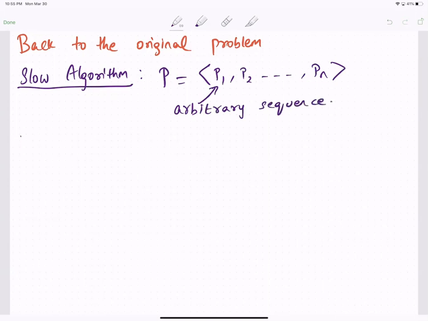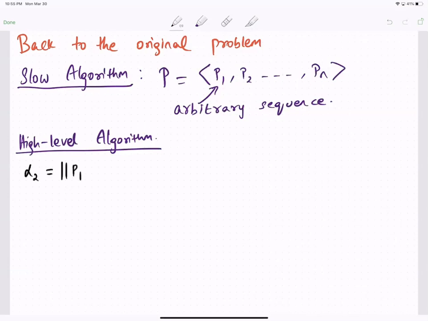The high level idea is the following. First is the base case, where you just look at the first 2 points in the sequence, compute their distance, and set that to alpha 2.